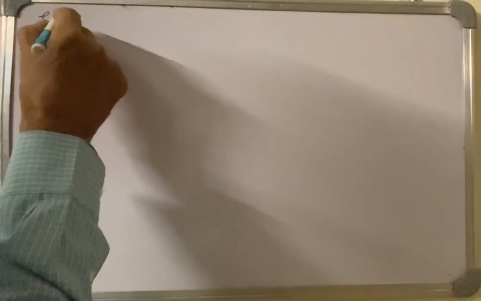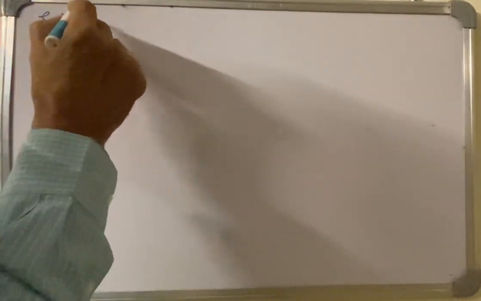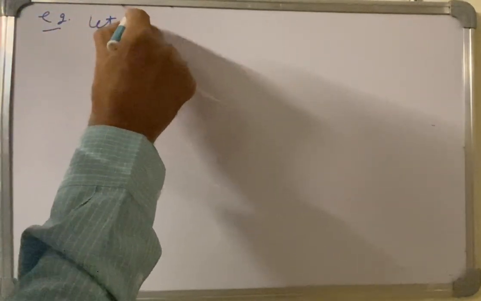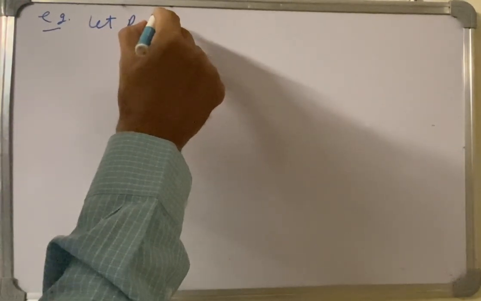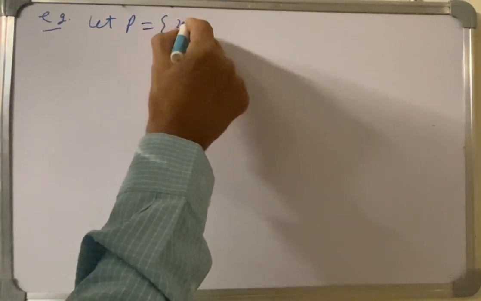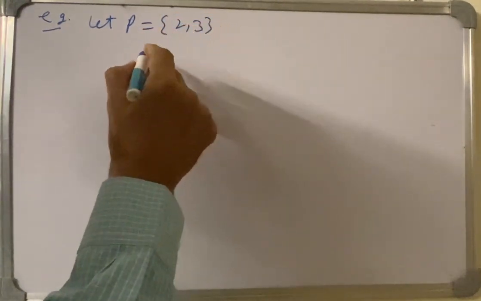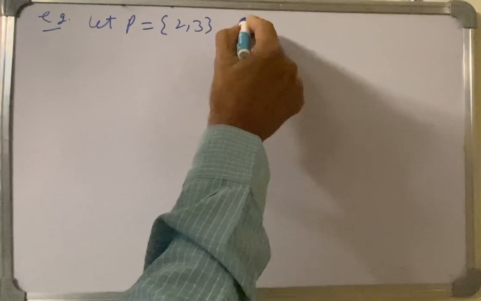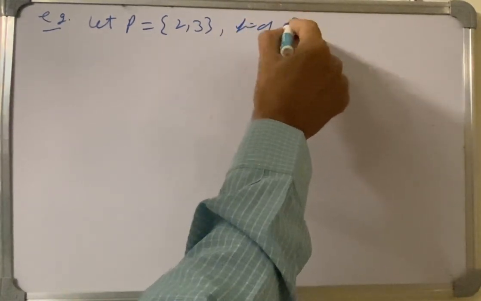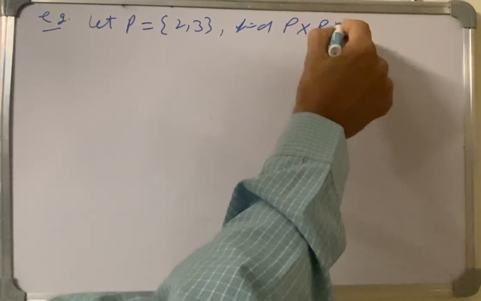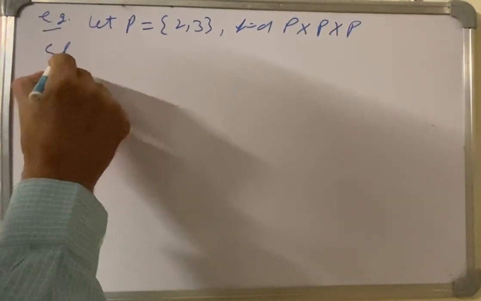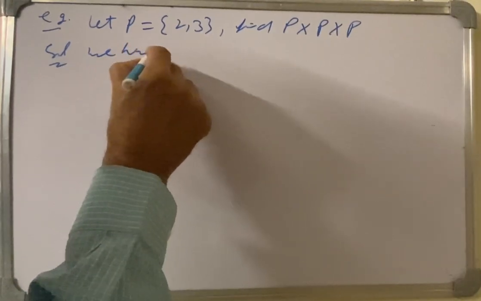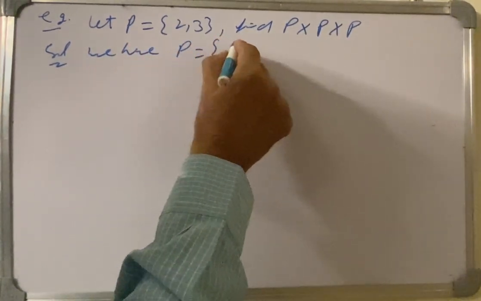For example, let P is equal to {2, 3}, then find P into P into P. Solution, we have P is equal to {2, 3}.